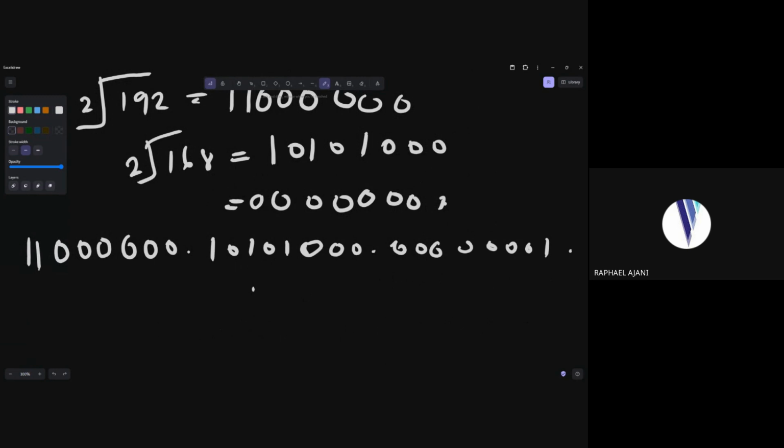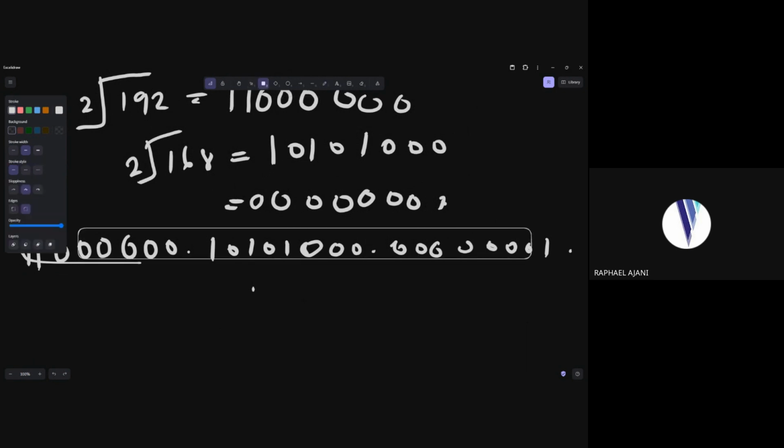But this format is just too long. But ideally, within the computer, this is what the computer understands, and it interprets. This comes as zeros and ones.